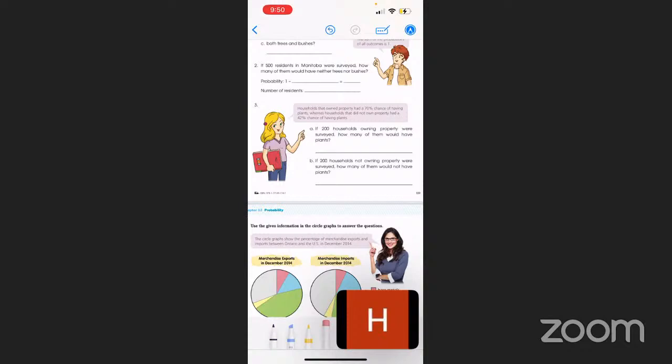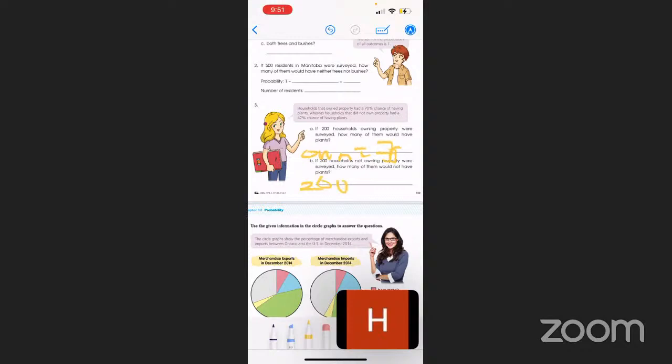Can you tell me, Haika, how am I going to do this? They're telling us the percentage of households that own property is 70%, right? And there are 200 households owning property, so we multiply those two.